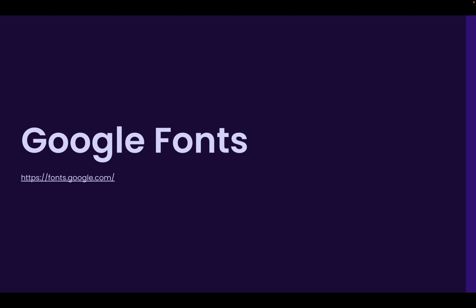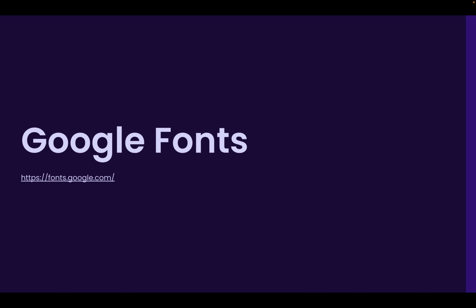Okay, cool. So Google Fonts is one of the most common ways to import fonts when you're building a website. What this means is making sure that every device, whether you're on a laptop or a phone, depending on what kind of computer you have, since each computer has different fonts installed. When it comes to loading a web page, you want to make sure that your website has the same font for everybody.